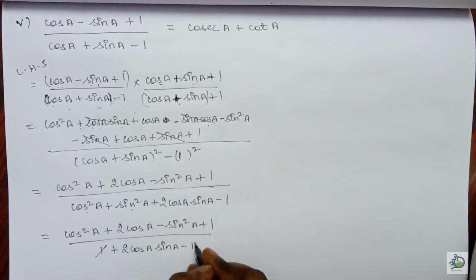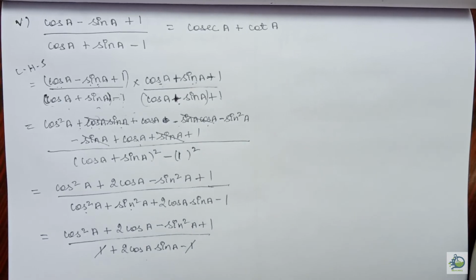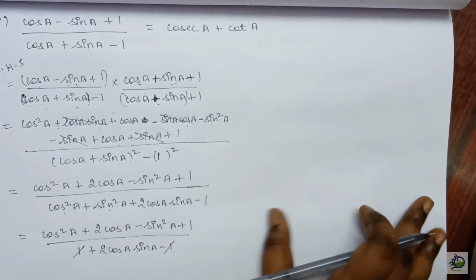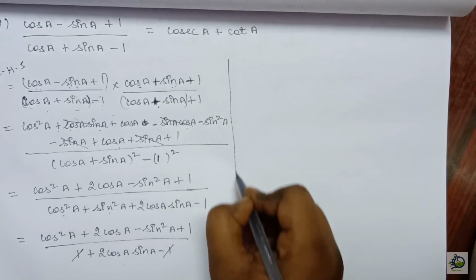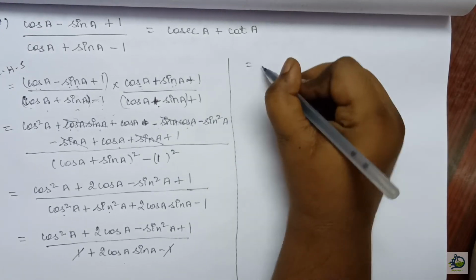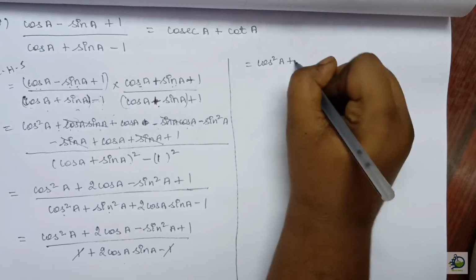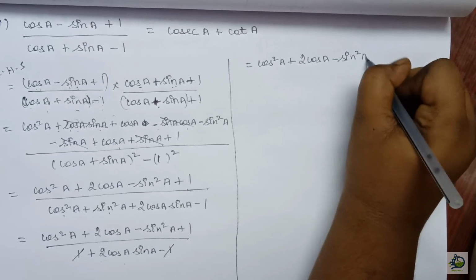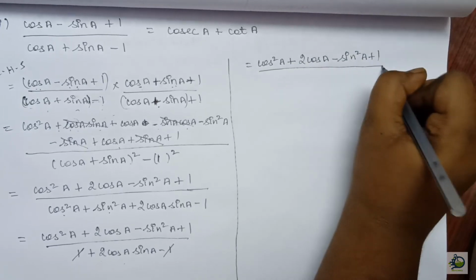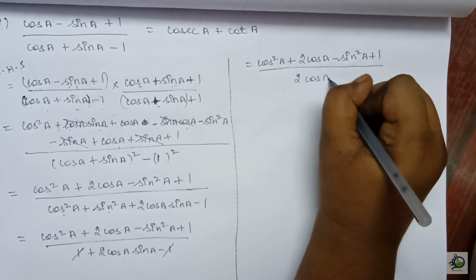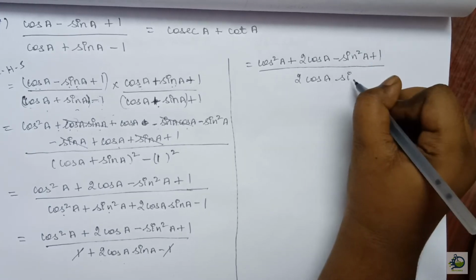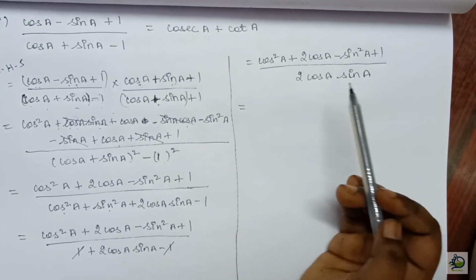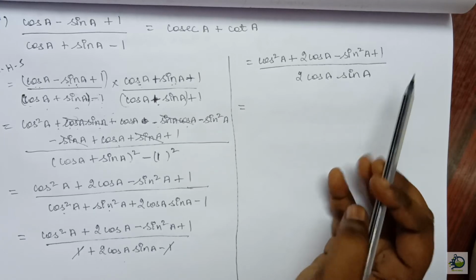So this plus 1 and minus 1 get cancelled and we get 2 cos A sin A. So this can be written as cos square A plus 2 cos A minus sin squared A plus 1 divided by 2 cos A sin A. By identity we know that cos square theta plus sin square theta is 1.